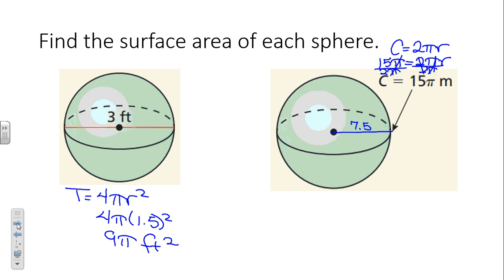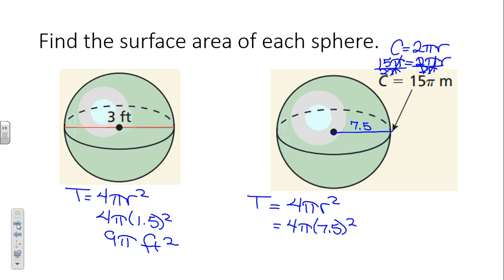So now we want to find the total surface area. What's my formula for total surface area? 4 pi r squared. Did you get your question answered, Riley? Okay. So our radius is 7.5. So we're going to square 7.5 and take it times 4.